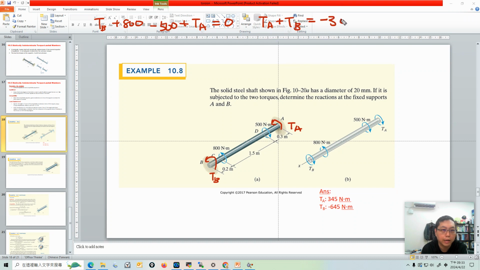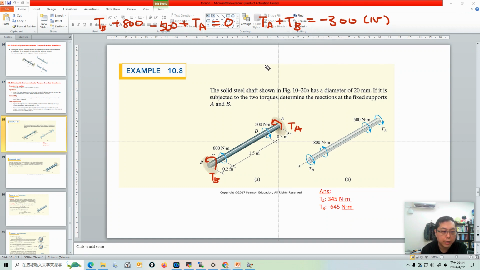It's minus 300, and the unit is newton meters. So the rigid body equilibrium gives only one equation, but we have two unknowns and nothing else. Right now we cannot solve it, so we need to find another condition.